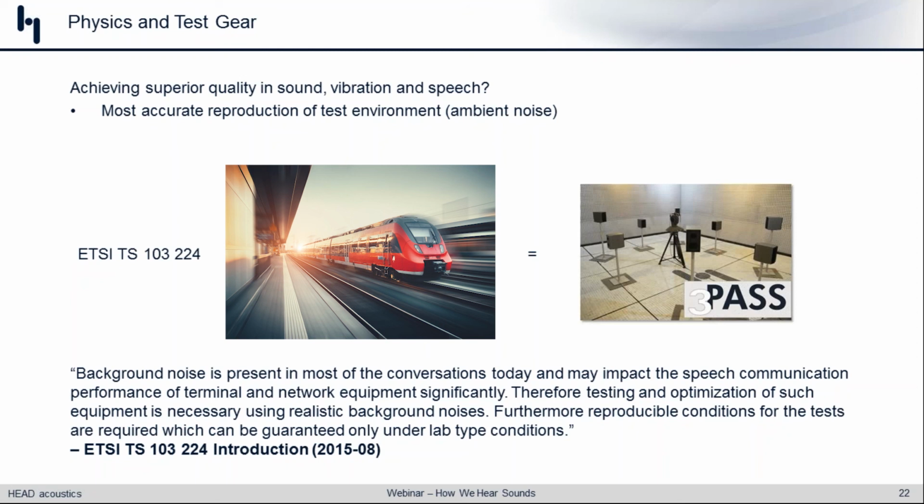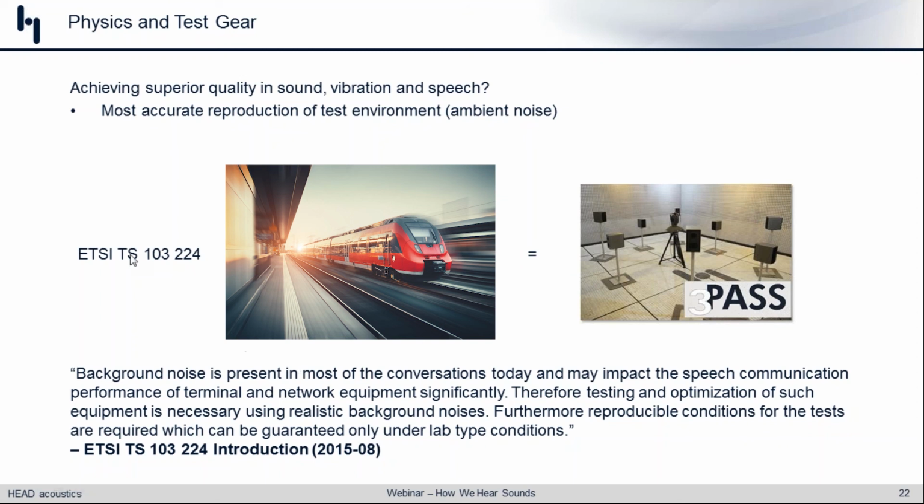And now finally, going back to where we started with that tree in the forest, if there's an event out in free space, how are we supposed to reproduce that event in an accurate way? Well, once again, at least in telecom, there have been a lot of standards to govern how we do that.